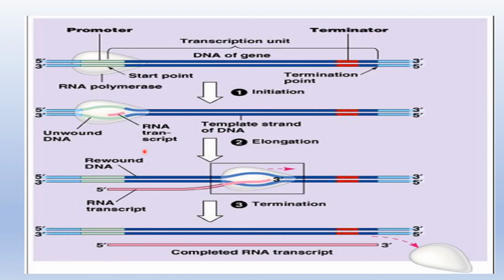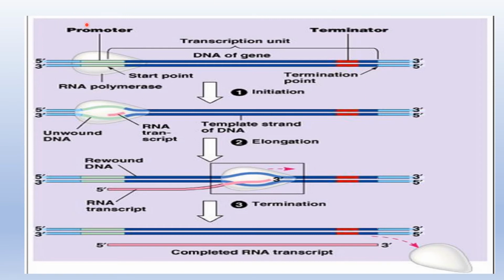And now in elongation, the newly formed RNA is bound to the unwound template strand. After this elongation, the RNA transcript is completed, and termination will happen if the RNA polymerase crosses this termination site.